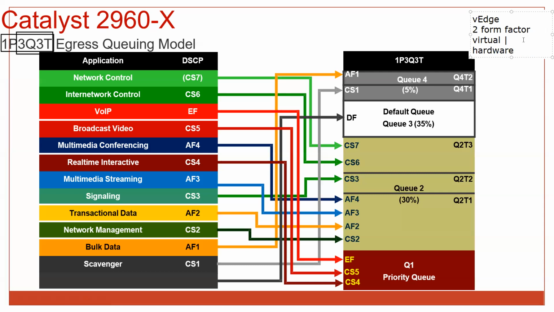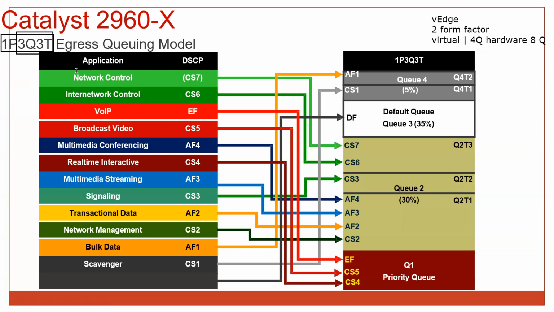In virtual, there are a total of 4 queues, and in hardware, you will find a total of 8 queues. So when you divide the traffic for virtual versus hardware in terms of quality of service, in SD-WAN hardware you have 8 queues, and in software you have 4 queues. Here you can see one example of 4 queues. It is hardware, but it is an example of 4 queues.